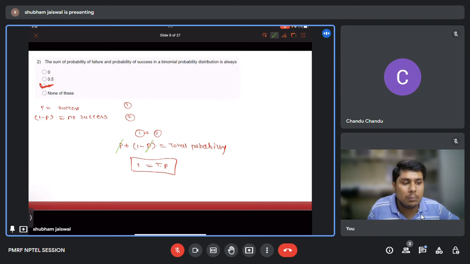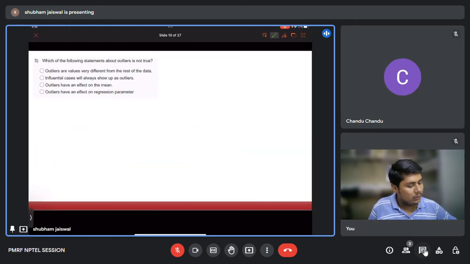So this was just a simple question. Now moving towards our third question. Which of the following statements about outliers is not true? Outliers are values very different from the rest of the data. Influential cases will always show up as outliers. Outliers have an effect on the mean, or outliers have an effect on the regression parameter.